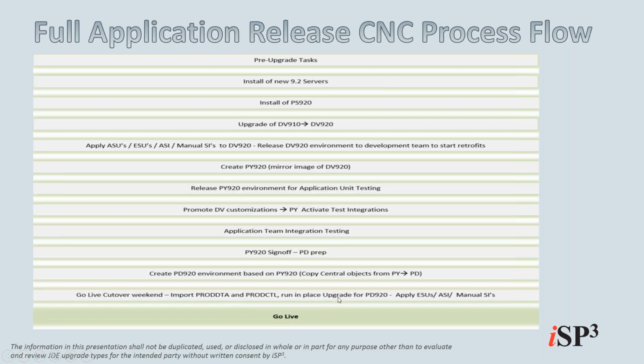And then you apply your ESUs, ASIs, manual ASIs, just to business data and control tables so that they're hit. And you skip the spec merge. So your objects are exactly the same from PY to PD, but you're making sure that those business data and control tables are updated so that the test results are the same that you had in PY. And then you go live.